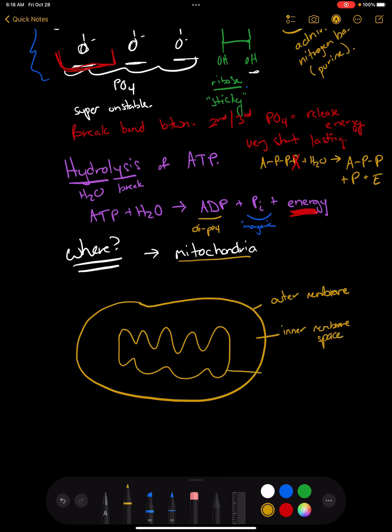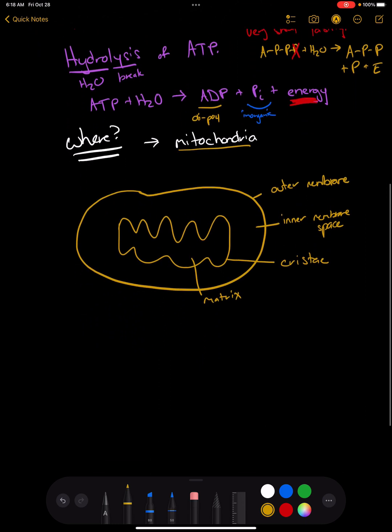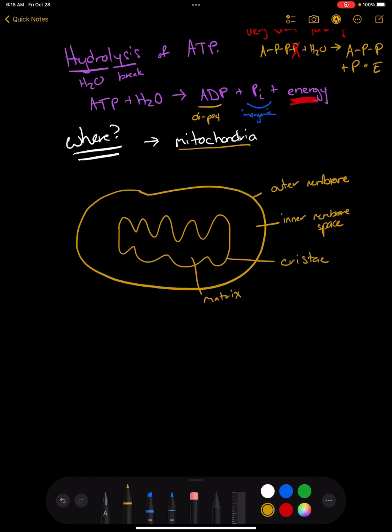This line right here, we've called it before, is my cristae. And then this stuff here in the middle is called my matrix. So whenever I start making my ATP, it's going to be right here in this organelle, and more specifically, I'm going to look at these 3 parts: the inner membrane space, the cristae, and my matrix.